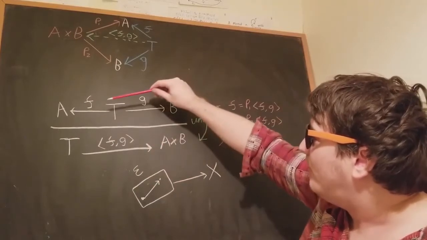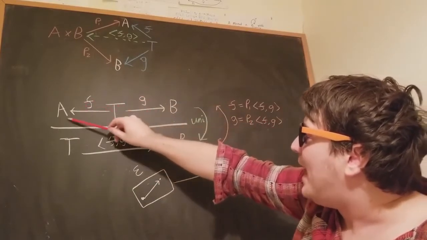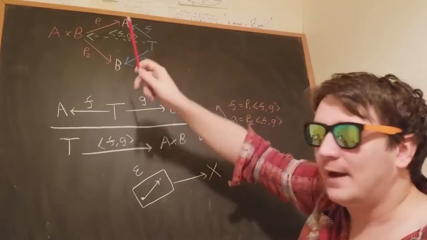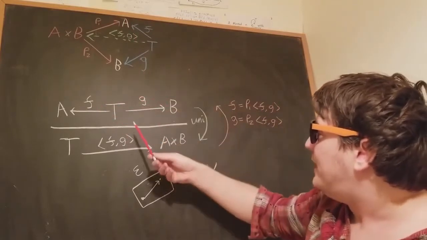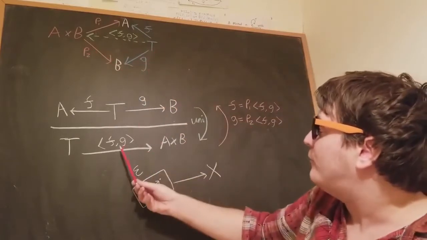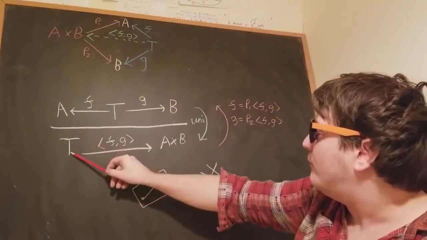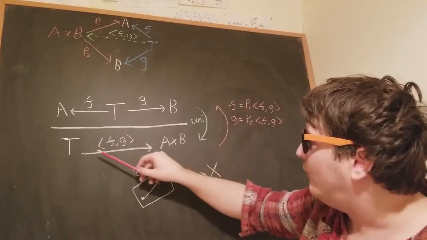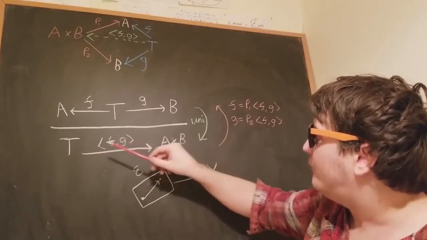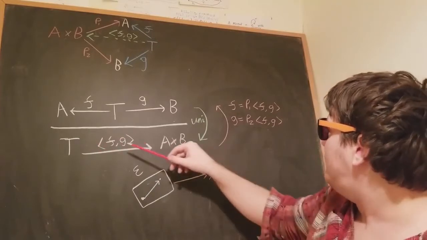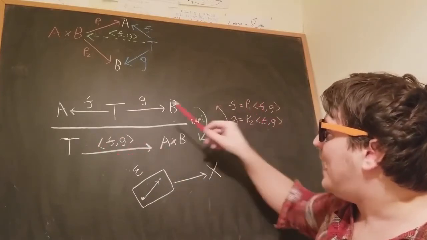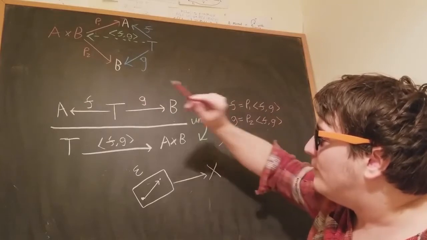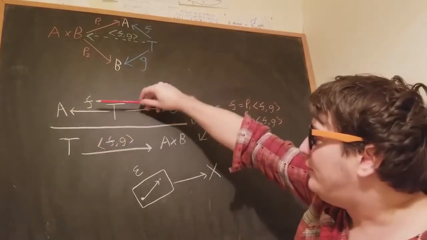If we have an object T with an arrow F into A and an arrow G into B, then we can use the universal property of our categorical product to get this unique intermediary arrow, ⟨F, G⟩, which is an arrow from T to A times B. Conversely, if we have any arrow from some object into A times B, then if we do P1 after it, we get an arrow into A, and if we do P2 after it, we get an arrow into B. So we can also go from arrows into A times B to these pairs of arrows.